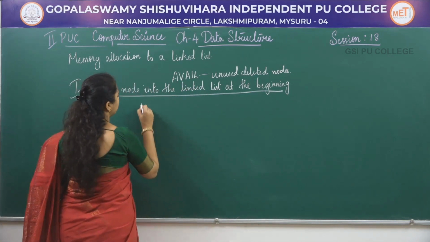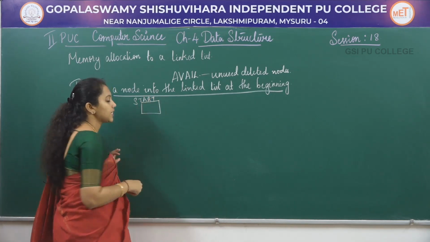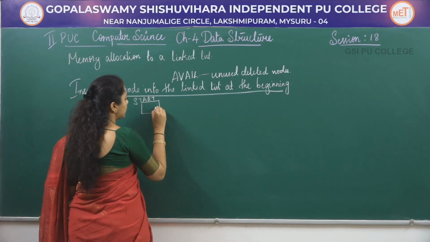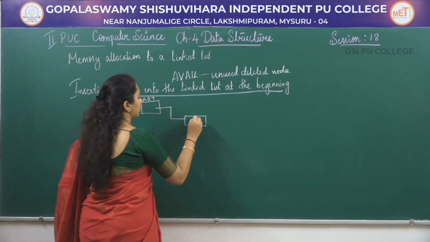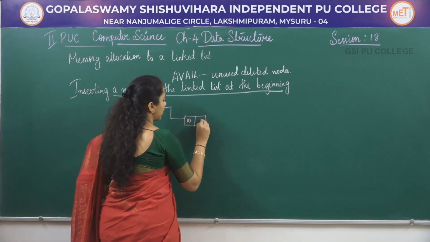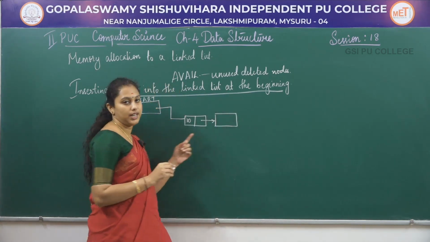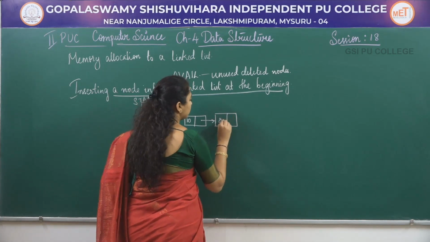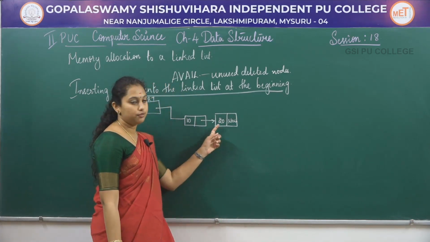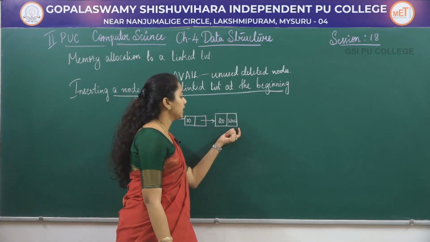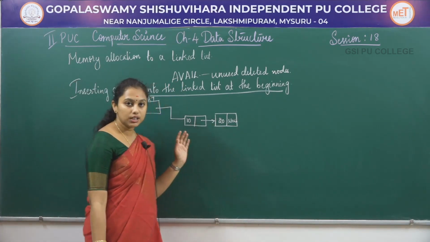Consider this start pointer contains the address of the first node, and this first node contains some data and the link part contains the address of the next node, and the second node contains the data part in the first field, and in the link field it is going to contain null, which represents the end of the linked list.